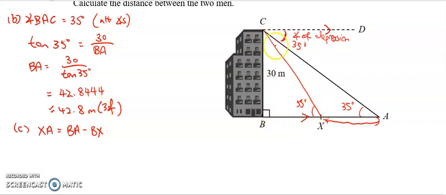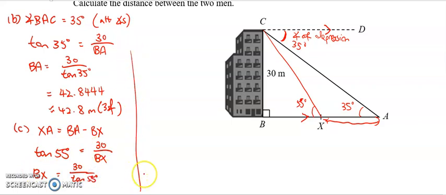BXC is another right angle triangle with 55 degrees. So we can find BX first. Tangent 55 degrees will be 30 over BX, so BX will be equal to 30 over tangent 55 degrees.